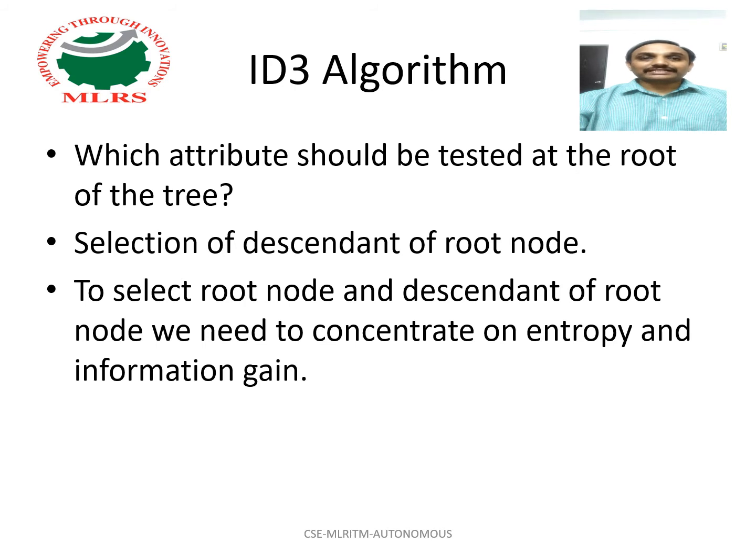Next we have to concentrate on selection of the descendants of the root node. To perform these two operations, we have to concentrate on entropy and information gain of each attribute.